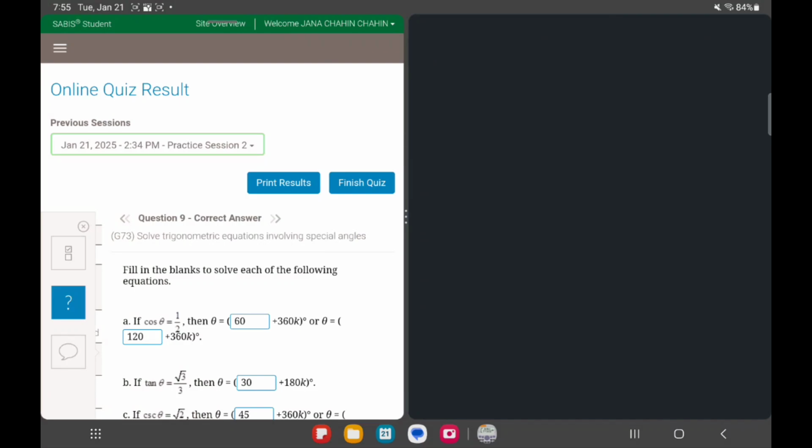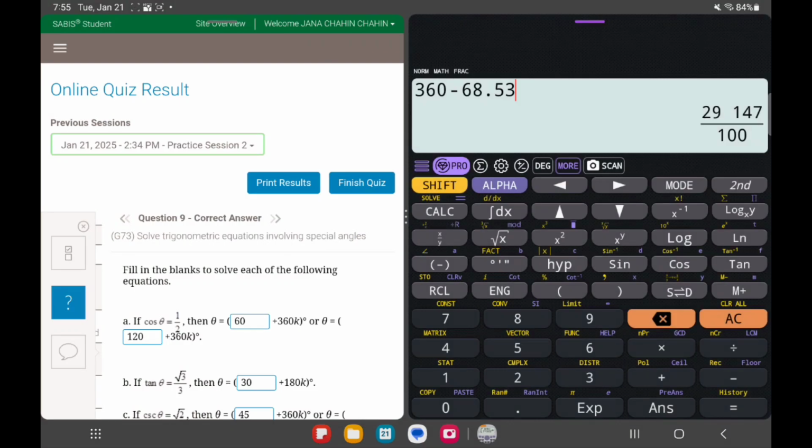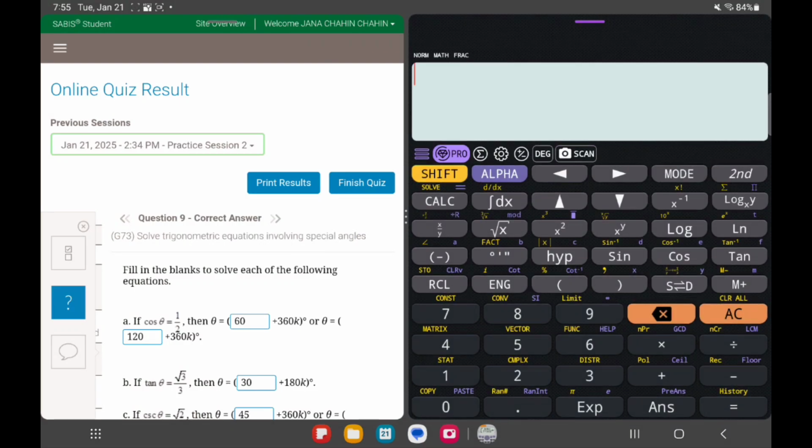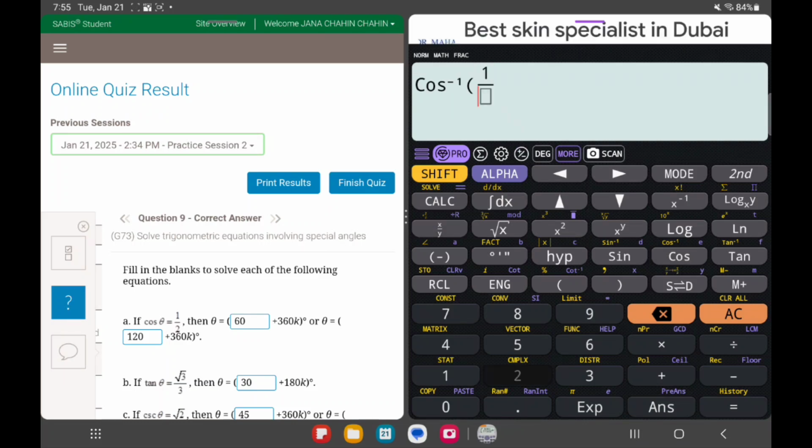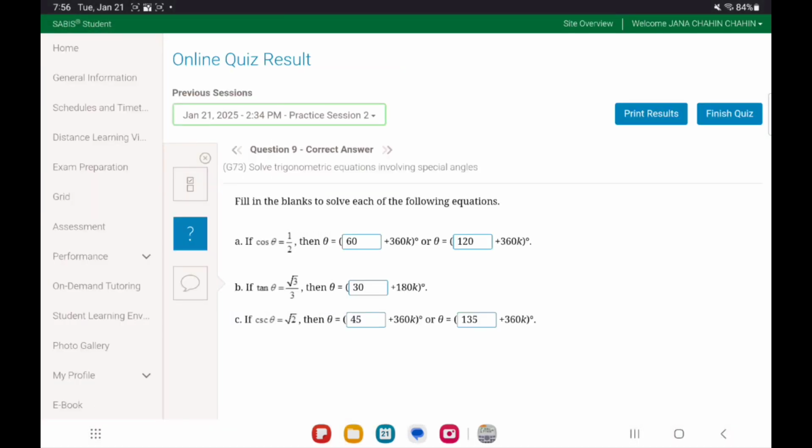We should have memorized them, but if you didn't memorize them, shift cosine, you can use your calculator, okay? So that is 60, and that's the first answer, okay?